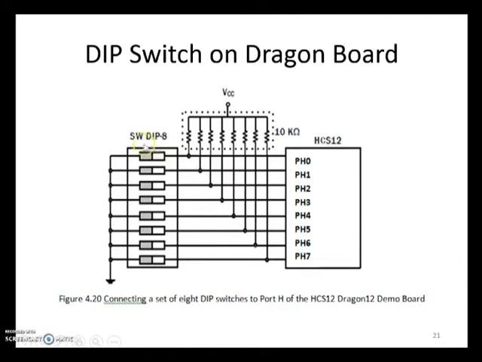We will use 8 switches, and they will be connected to port H. So all of port H is used for connecting to the DIP switch. For each switch, one side goes to ground, the other connects to port H, and in parallel we have the resistor and VCC.